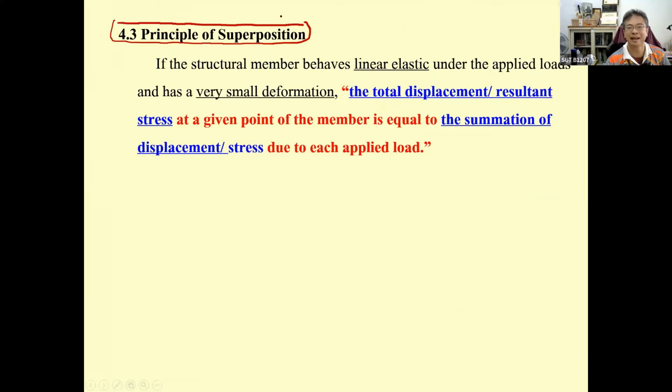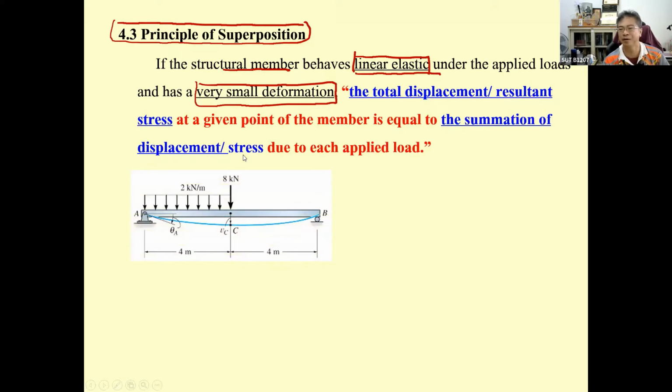This one again is based on the linear elastic behavior of the structure, and the deformation must be very small. What it says is that the total displacement or the resultant stress at a given point of the member is equal to the summation of the displacement or stress due to each force.